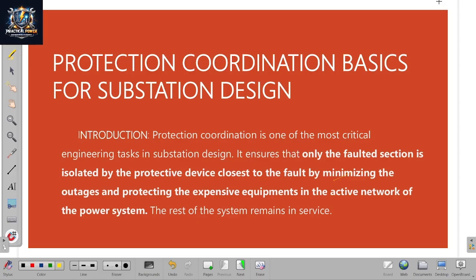Coordination of protective relays. Protection coordination is one of the most critical engineering tasks in substation design. What does it ensure?